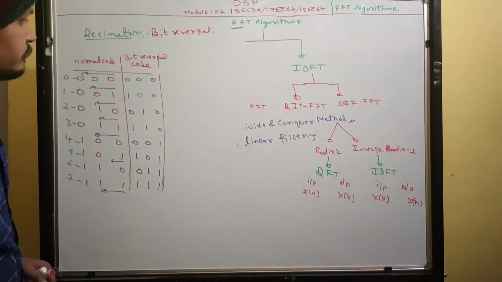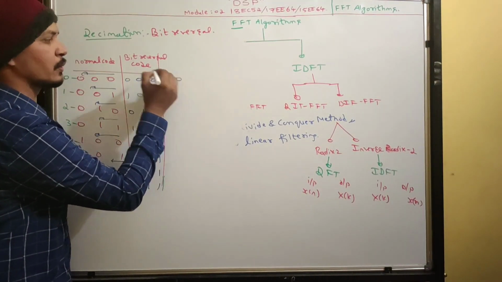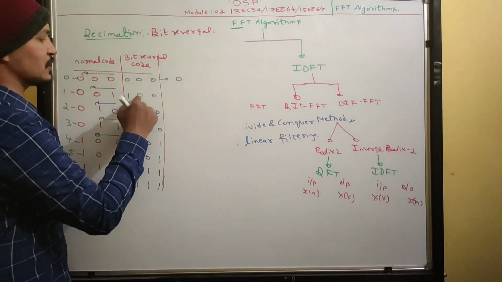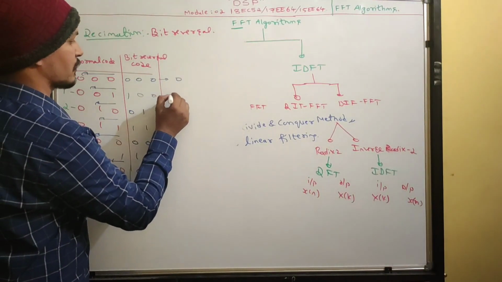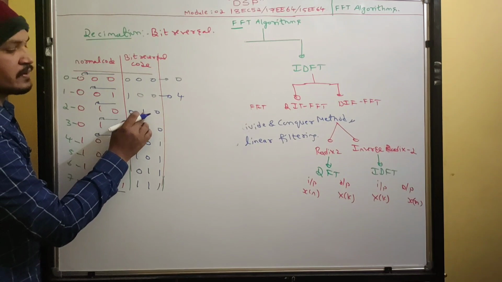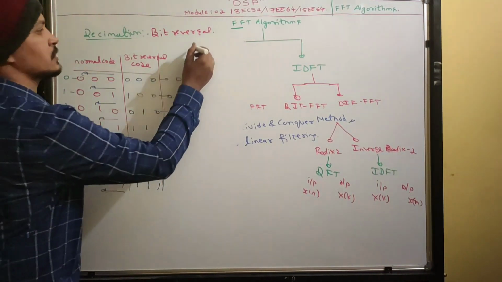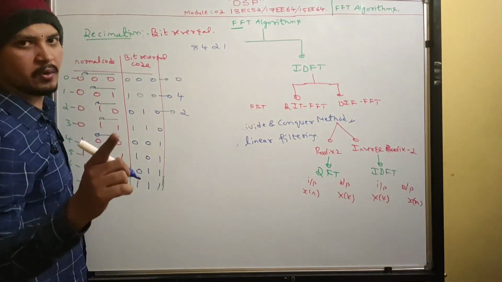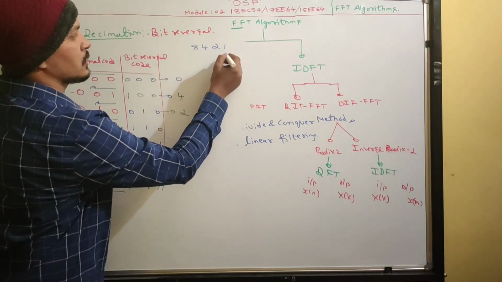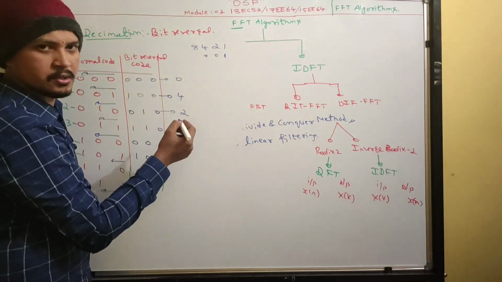Look here. 000, what is the normal code for this? 0 only. 100 is what? 4. What is 010? 2. See, as per the 8421 code, if you need 1, put a 1 only for the 1 position, and the rest you give 0.